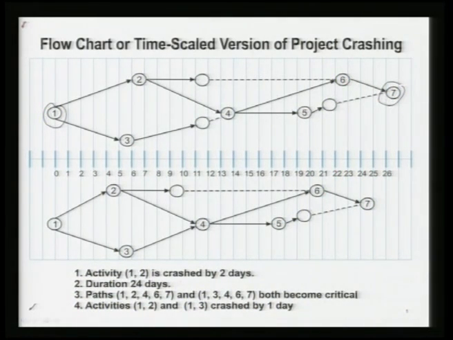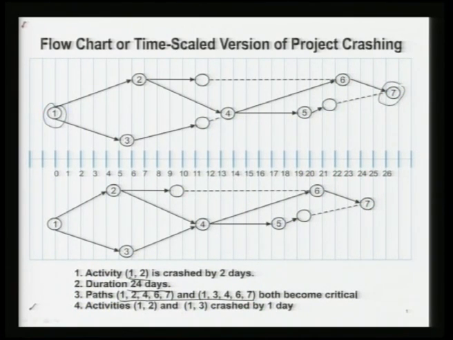Okay. So, activity 1,2 is crashed by 2 days, right. You can see that, and then the project duration becomes 24 days. You can see from here also, right. And then once that happens, paths 1, 2, 4, 6, 7 and 1, 3, both these paths become critical. So, therefore, now we need to crash activities on both the paths, and it turns out that activities 1,2 and 1,3, I have shown you the calculations.